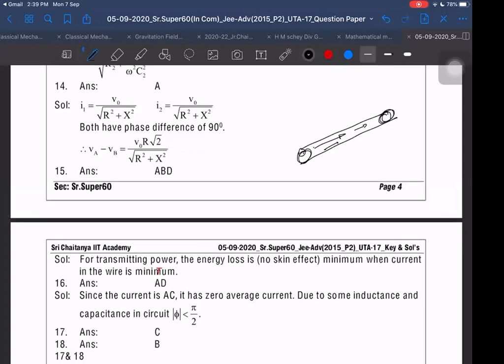It happens in the alternating current case only. I think it happens because when the current varies, the magnetic field varies.